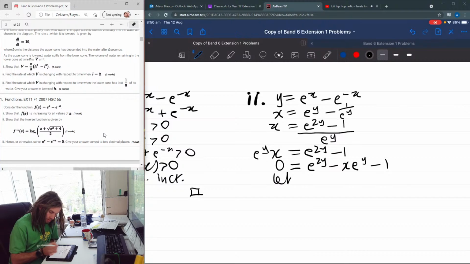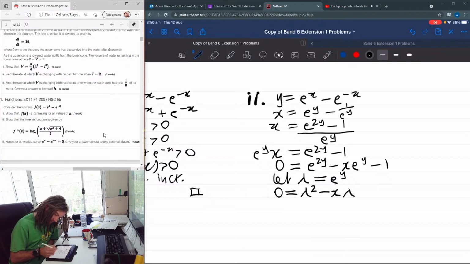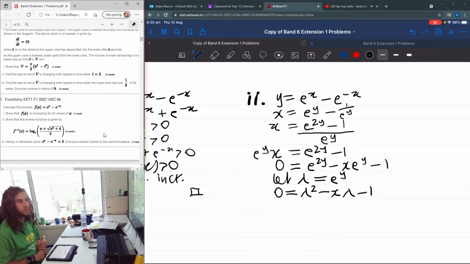Let's let, well, what I need is x's and x's. I've already got x, y's. Lambda equal e to the y. That means 0 equals lambda squared minus x lambda minus 1, we're liking this so far. Always use Greek letters, it's so much better.